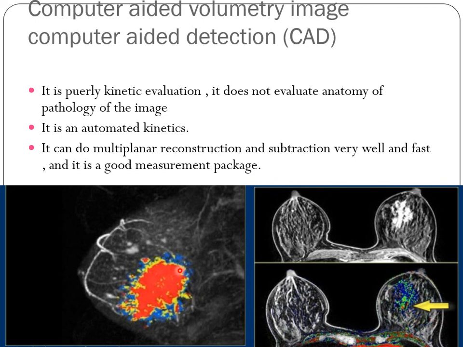Okay, and you always have a map for the colors, like the red is highest enhancement and the blue is the lowest enhancement, or you can change the color code as you like. So the idea is you see the whole breast at once. It's faster, and if you miss something, this will help you not to miss anything.